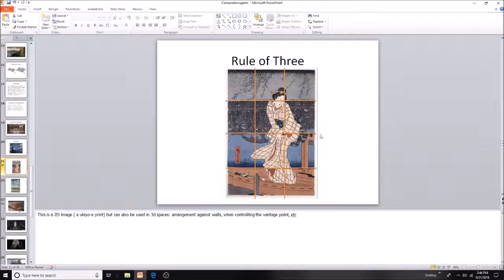So here's the dead center, right, of this image. You can see there's nothing really there of interest, right? So we have this boat, which is in the bottom third, and we have this figure, which is on the right third of the vertical third, right? So that gives this kind of asymmetric dynamic quality.